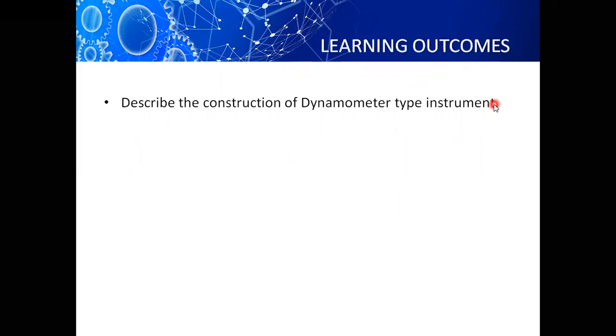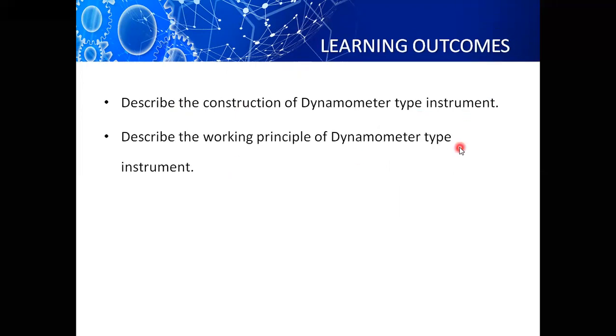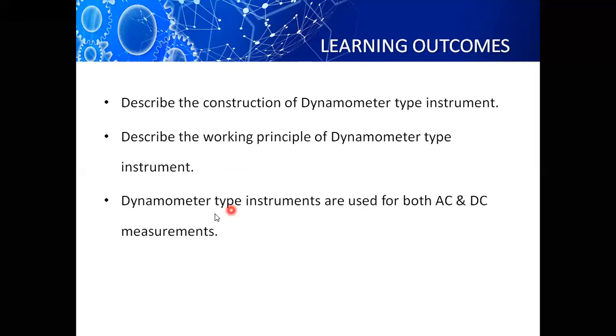The learning outcomes after completion of this video lecture: students should be able to describe the construction and the working principle of the dynamometer type instrument. Dynamometer type instruments are used for both AC and DC measurements. How? This is how we have seen the dynamometer type instrument and its construction.